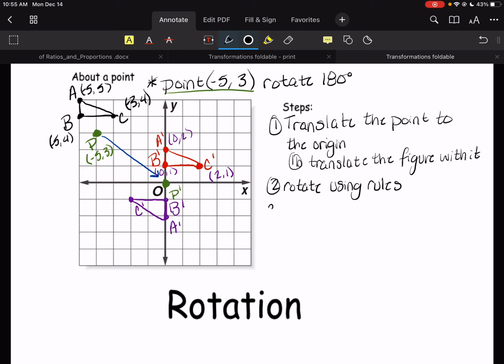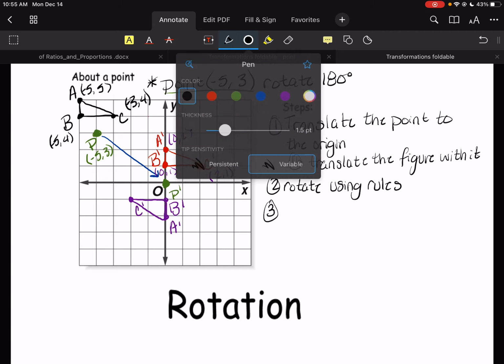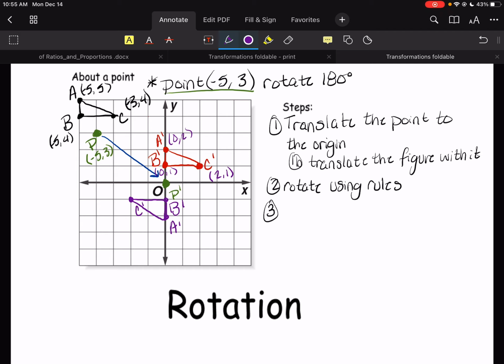And then step 3 is to move it back because that's not where we wanted it originally. So we still have to move it back. So again, we're going to add 5 to the x-coordinate, and then subtract 3.